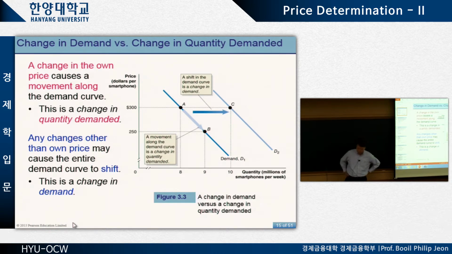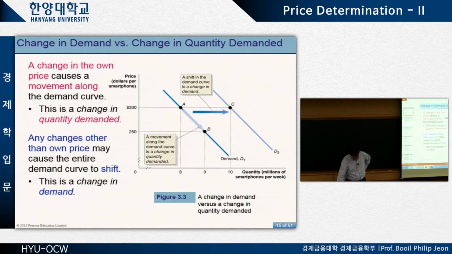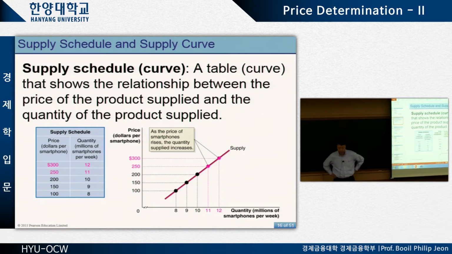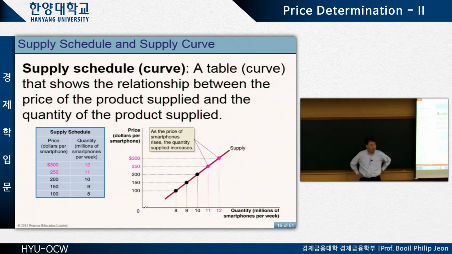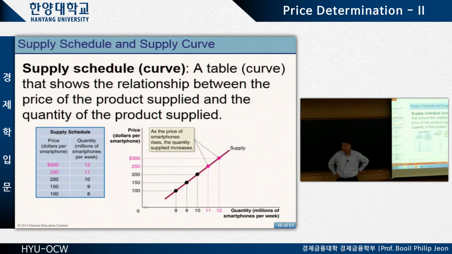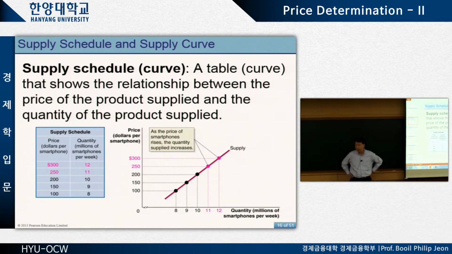So make sure you understand that difference. All right. So once you understand that about the demand, understanding supply is very easy because it's basically the same idea. We are repeating the same ideas on the other side or the opposite direction, right?